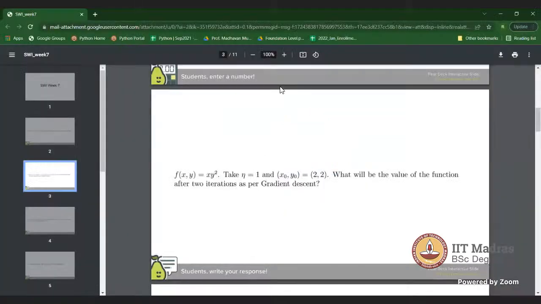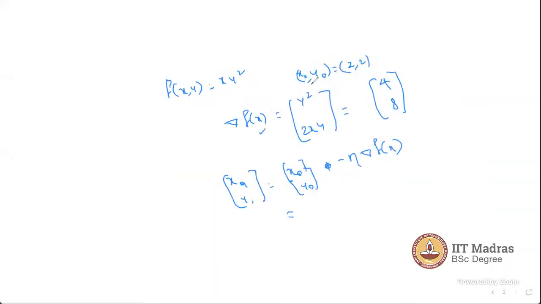So we'll get 2 minus 4, and 2 minus 8. So this will be minus 2, minus 6. This is after the first iteration.